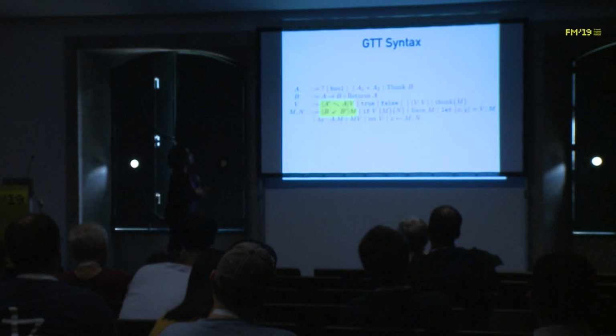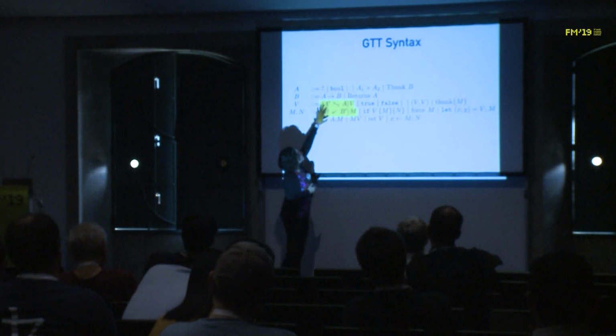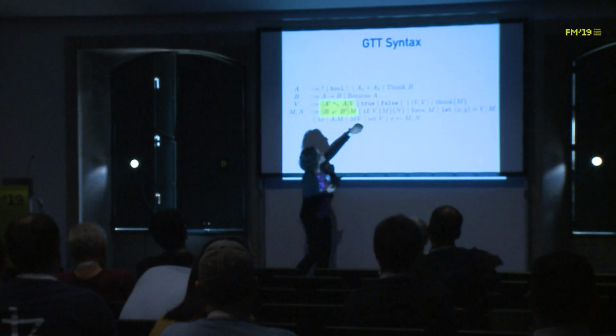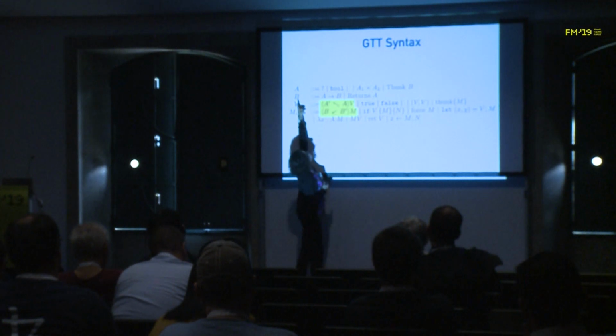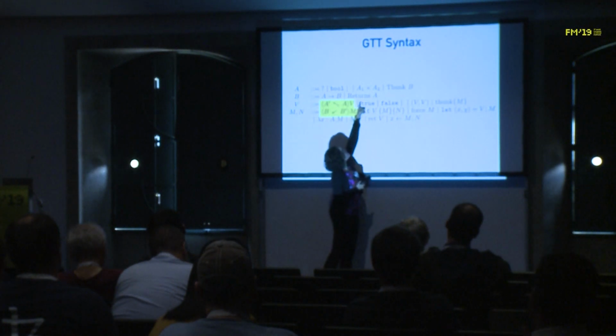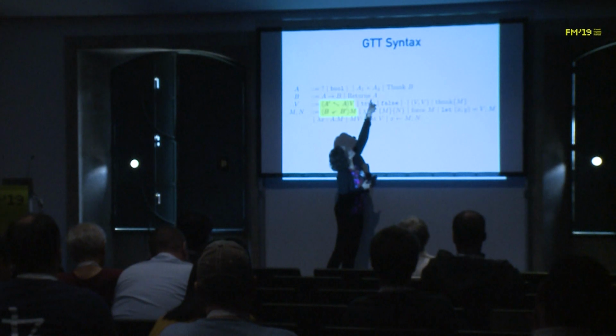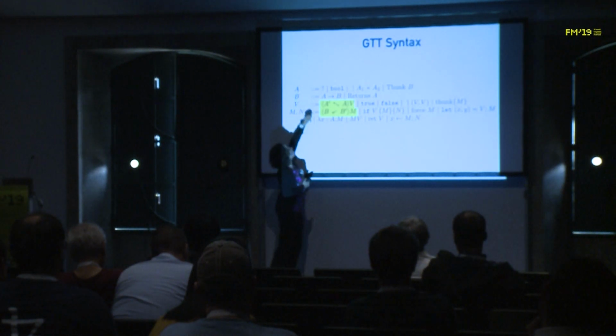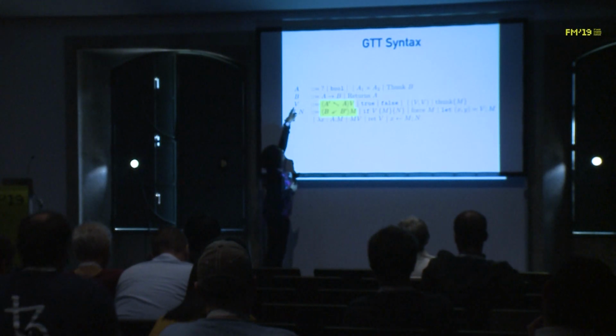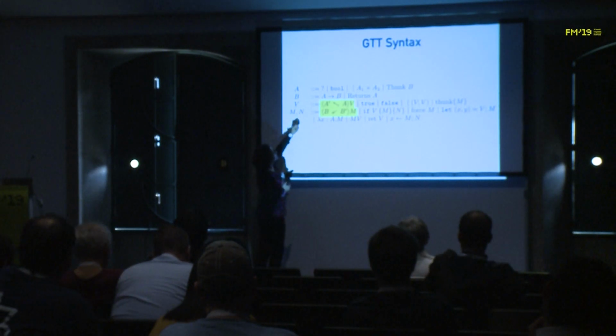And just to show you, this is gradual type theory syntax. Essentially, it's call by push value. You thunk computations in order to produce pure types. This says that this is a computation that returns something of type A. So this is a computation type B and a value type A. These are pure values, and these are effectful computations.